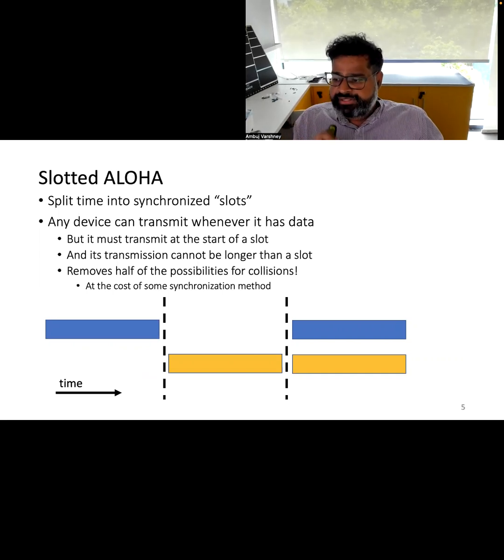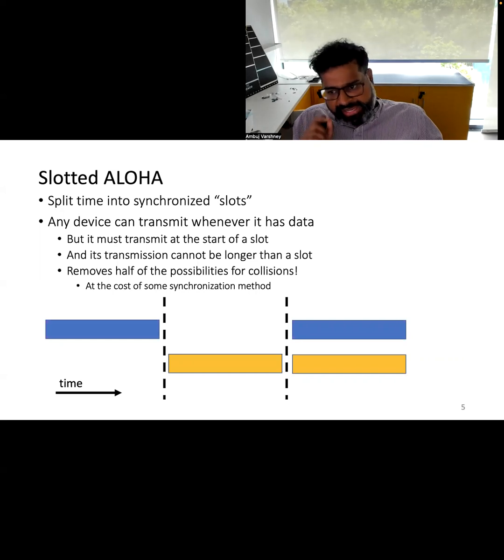And these transmissions cannot be longer than the duration of the time slot itself. By restricting these transmissions to the beginning of time slots, slotted Aloha eliminates half of the possibilities for collisions. A simultaneous transmission only occurs if they start at exactly the same time slot.